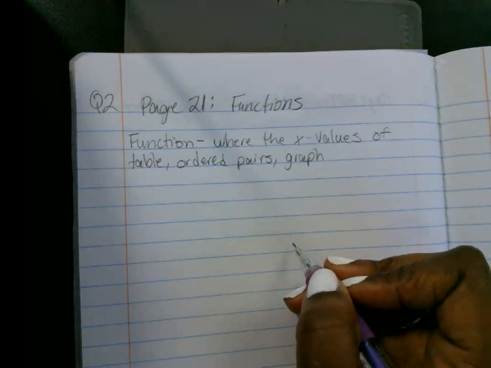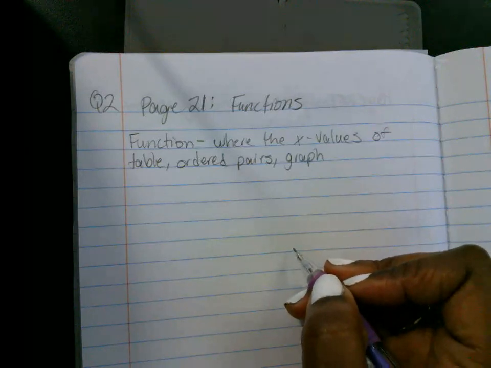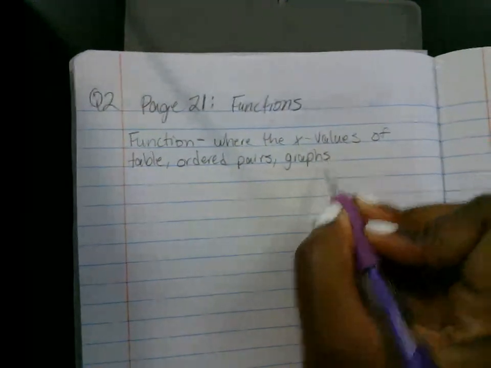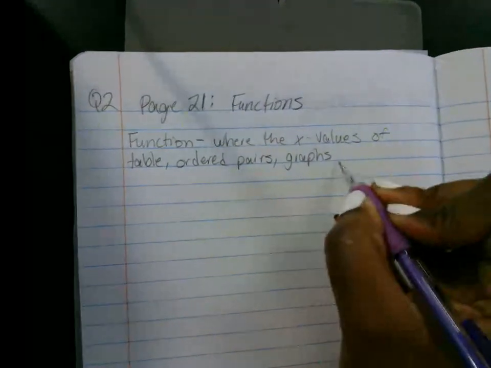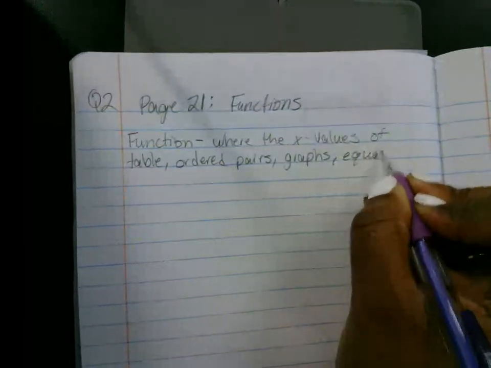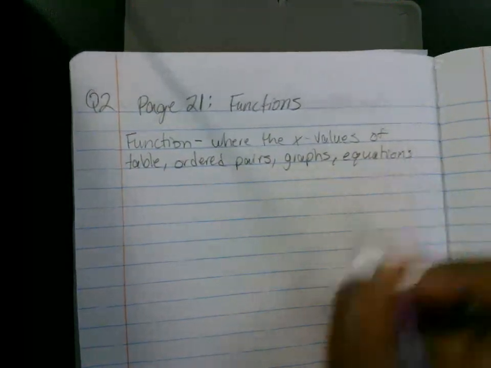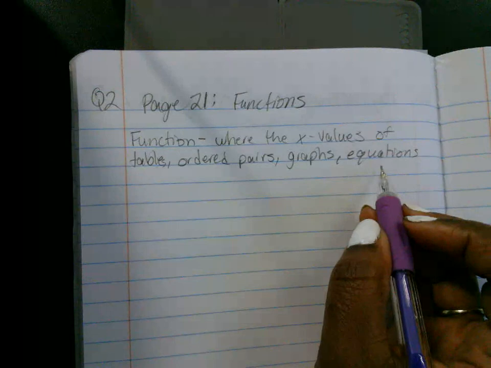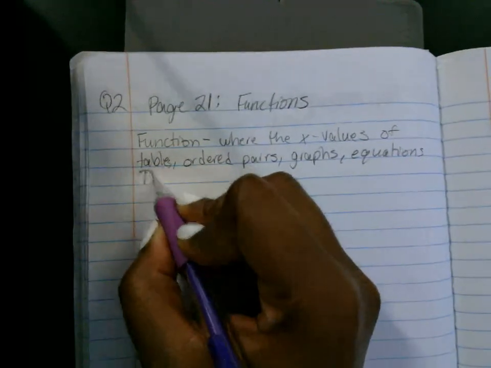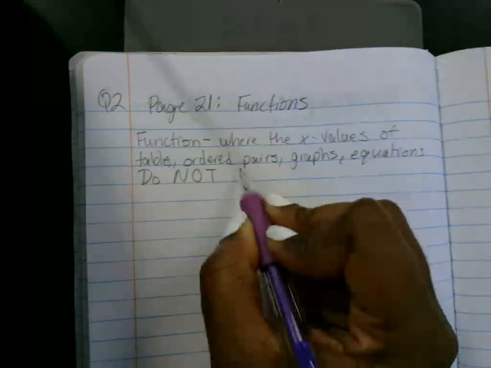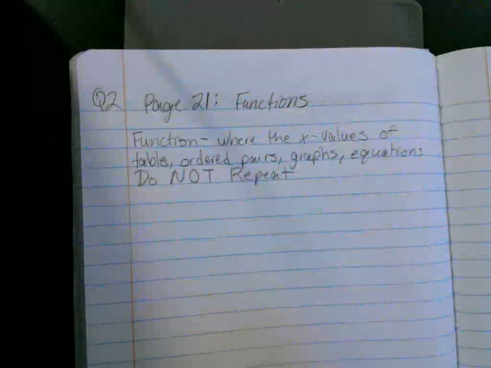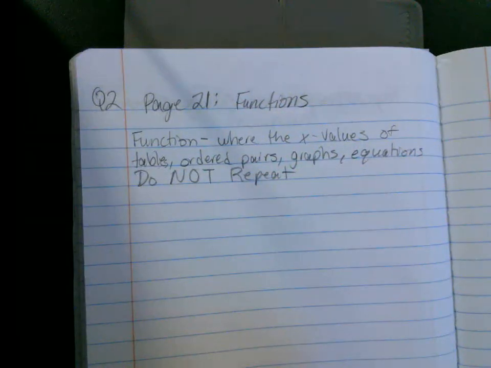You understand that a line has an infinite number of ordered pairs on it. So we have ordered pairs, we have graphs, we have equations. So it's where the x values of tables, ordered pairs, graphs, and equations do not repeat. Okay. So all of the x values are different. And we're going to do some examples, okay?